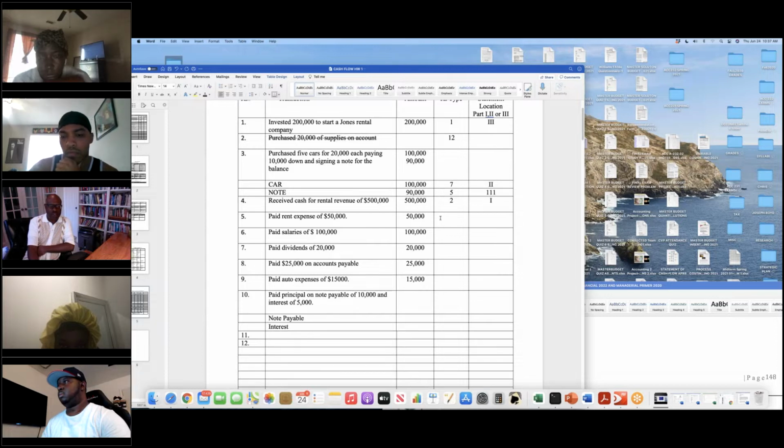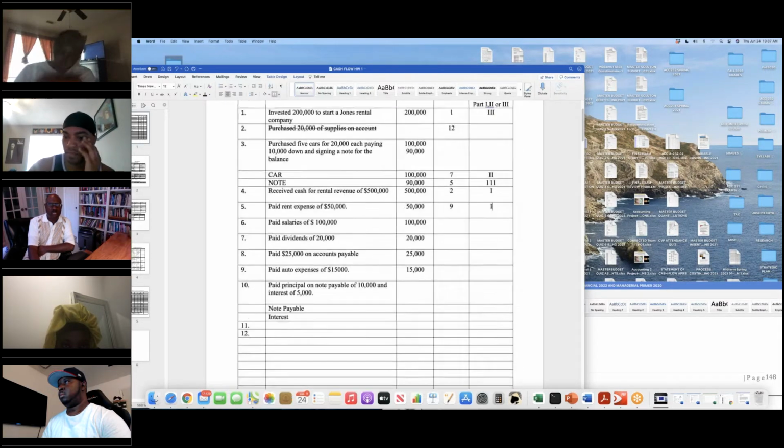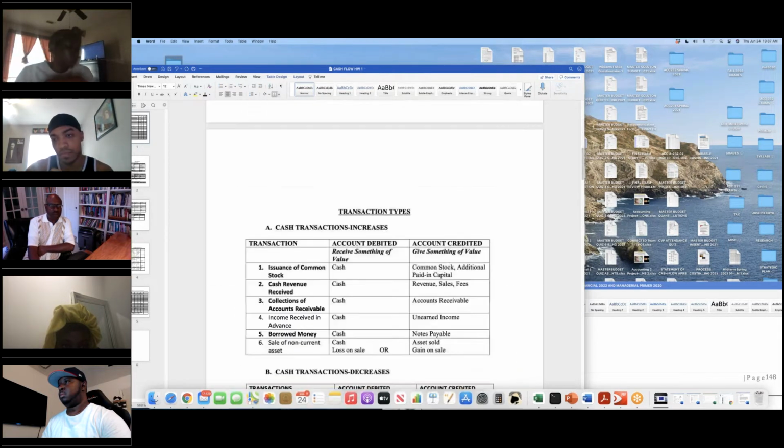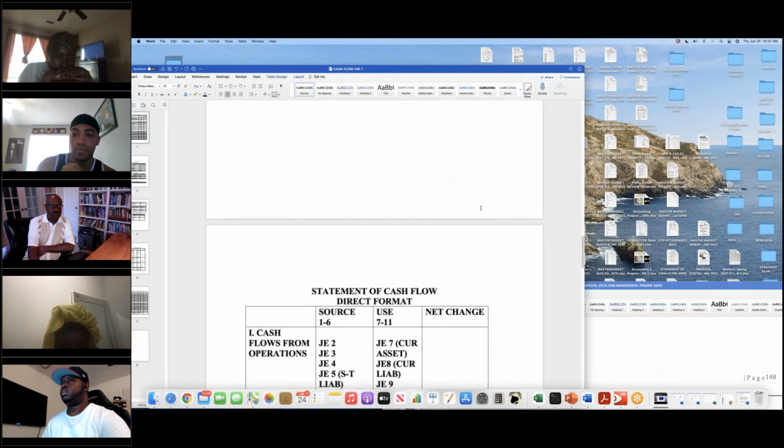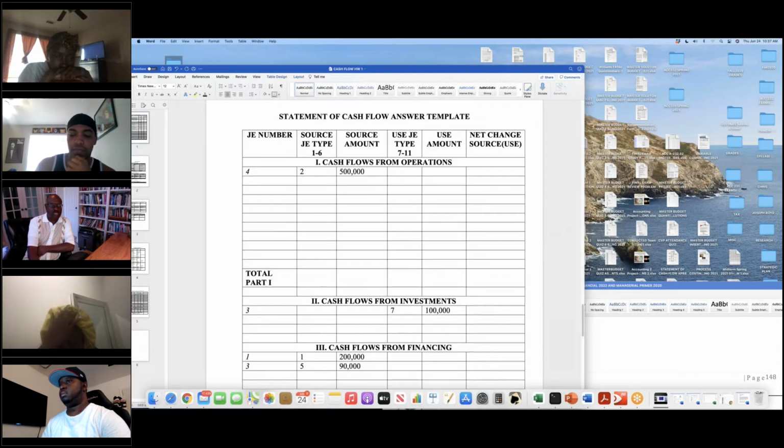Paid rent expense of $50,000. Section 1, type 9, what part? 1. So this is an operating type item. So to make money, we've got to pay rent. So this journal entry number 5 is type 9, and it's $50,000.